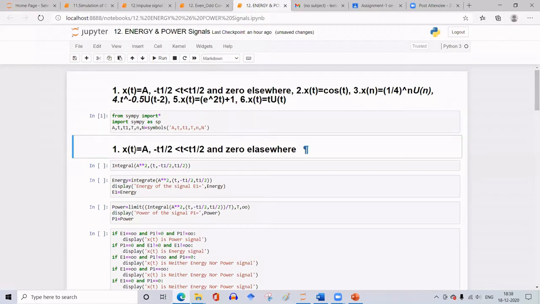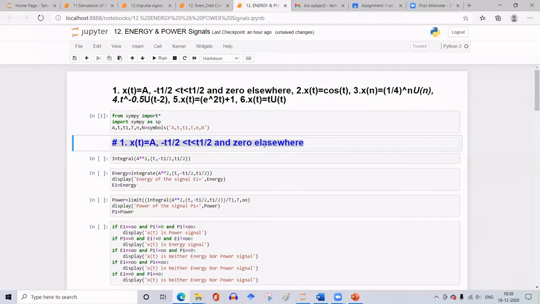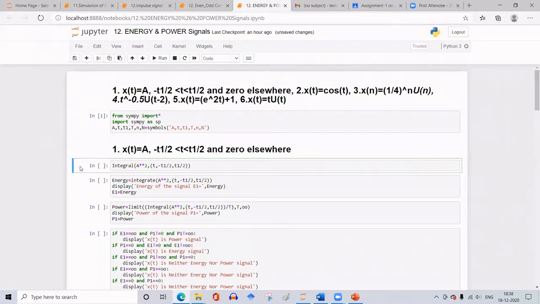The first problem is x of t equal to A between minus t1 by 2 to plus t1 by 2, and it is 0 elsewhere. How to calculate the energy of the signal? The energy is the integral of the absolute value of the signal, if it is a complex one, squared, integrated with respect to time between minus infinity to plus infinity.